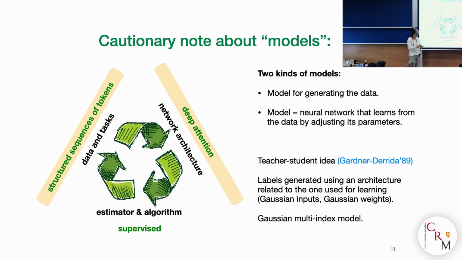Then you present the inputs and outputs to a student neural network that may have the same architecture or a different architecture, both are interesting. And then you ask whether that student neural network can actually learn the same function that the teacher represented. Often the teacher and student models look similar, the model that generates the data and the one that is actually used to learn. But it's important to distinguish them, the one that models the data and the one that is used to learn from the data.